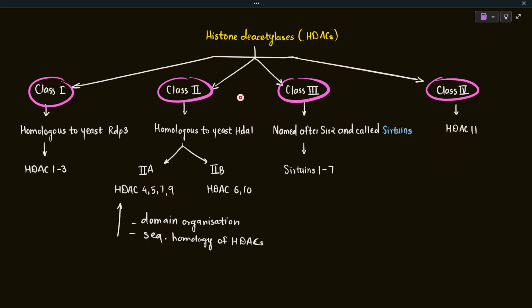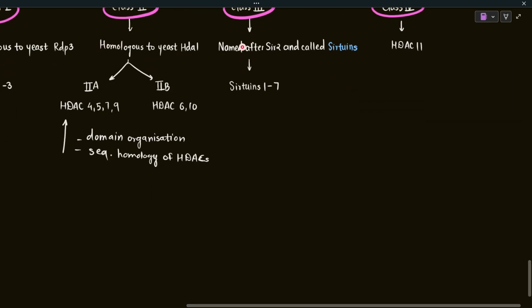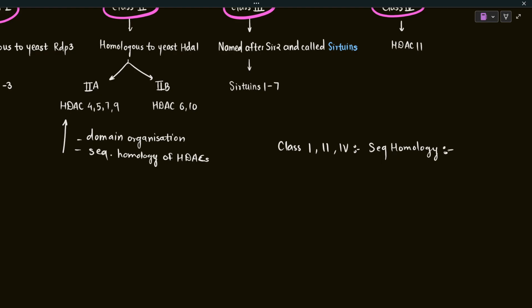Why have I explained class 1, 2, and 4 and class 3 last? I'll tell you the reason later. Class 3 is named after SIR2, and that is why they are known as sirtuins. They consist of sirtuins 1 to 7. All the classes except class 3, meaning class 1, 2, and 4, share some sequence homology as well as structural homology, while class 3 has different catalytic activity.